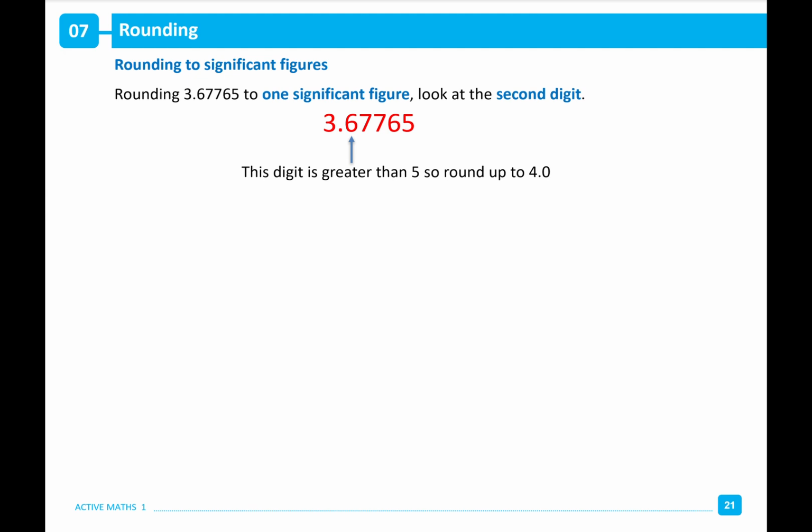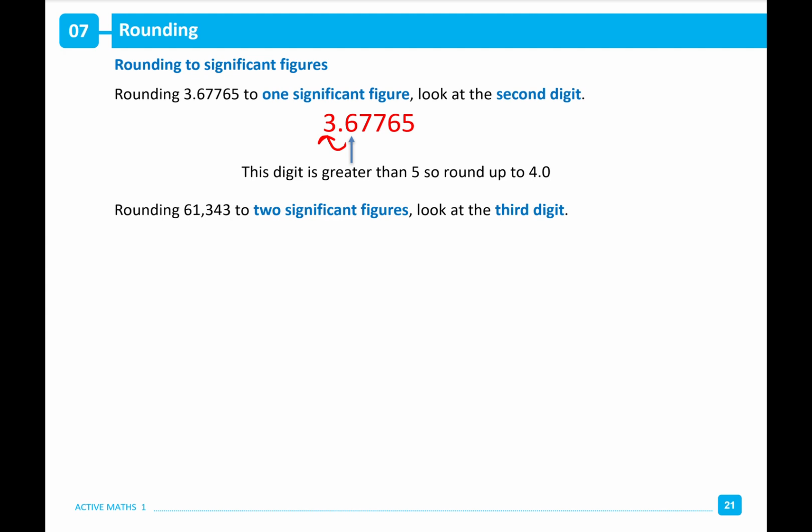If the second digit is greater than 5, we must round it up to, in this case, 4. This means that 3.677 is approximately 4.0.